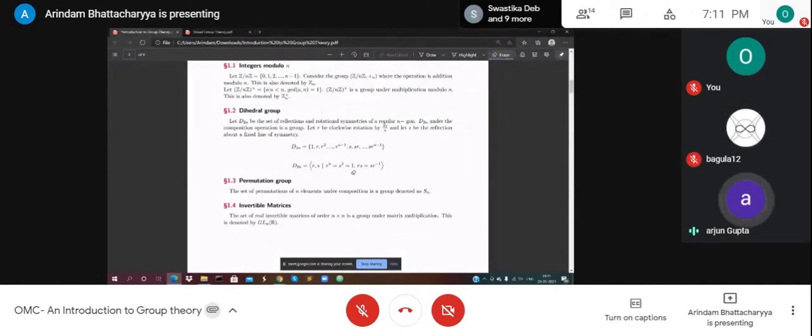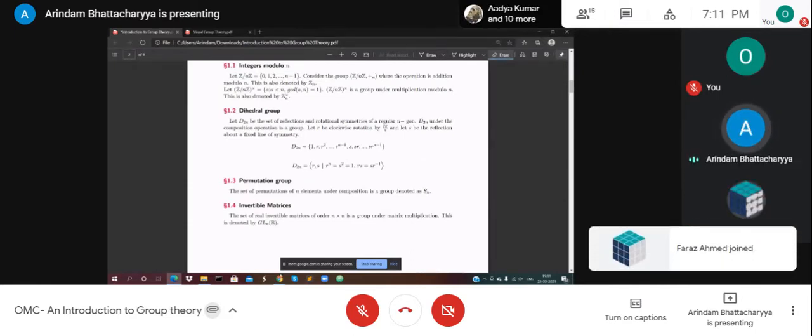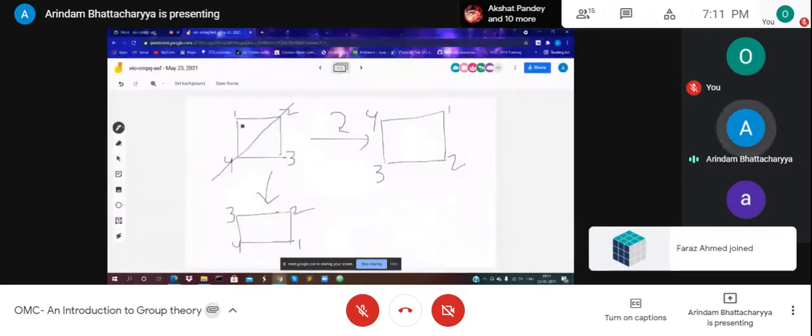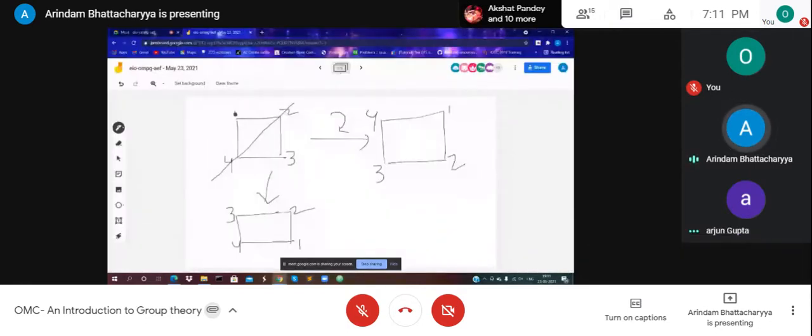So can you tell the reason why the number of elements is 2n? One of the ways to see that is, let's say in the square case, one can potentially go to these four places, right?